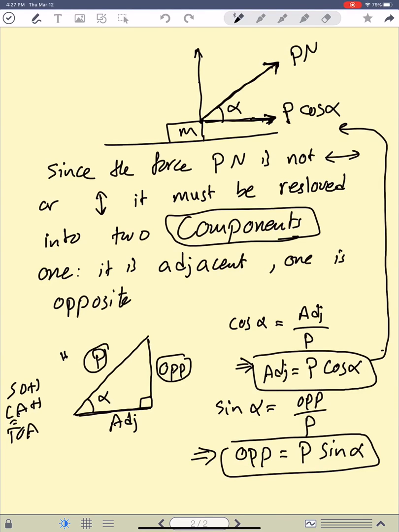Back to the diagram. Look well here. This side is the opposite, and this is parallel to it. It is opposite to the angle, so this is P sine alpha.